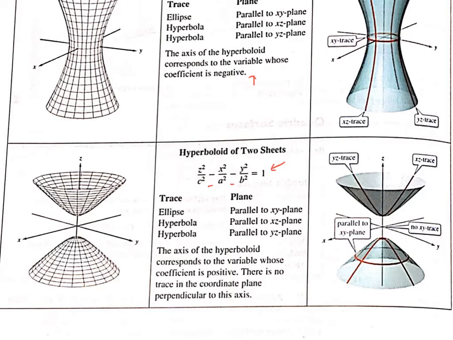And so in this case, you can think of these as kind of being like 2 bowls pointing in opposite directions. The axis of those bowls corresponds to which variable had the positive coefficient. So here z squared was positive, so this hyperboloid of 2 sheets went up and down the z-axis.